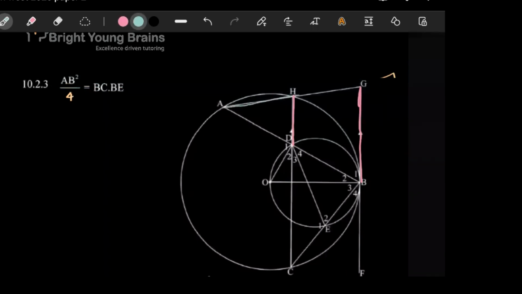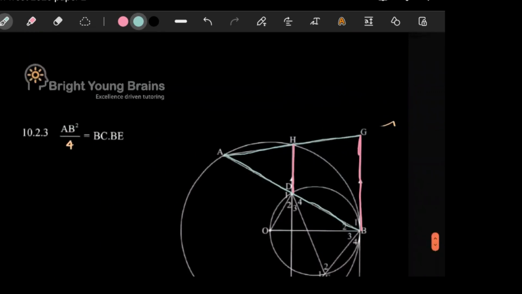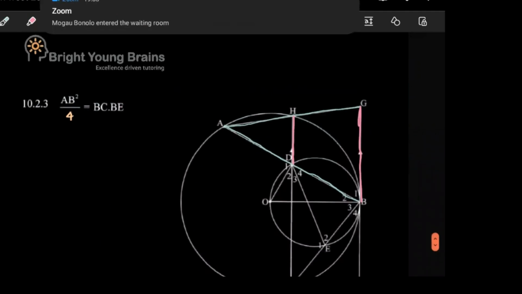This is like AG, and this is like AB, you see. So just by looking at this sketch, we have the whole proportionality theorem type of thing going on, you see. So that's one thing to keep in mind. We have the whole proportionality theorem.